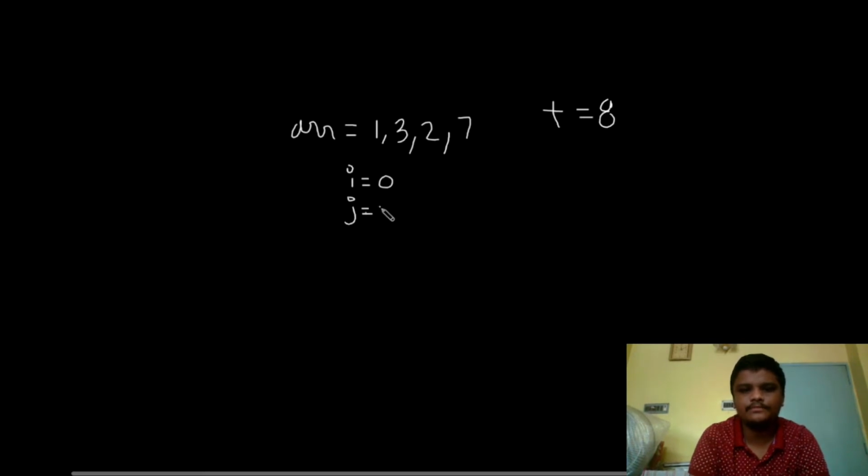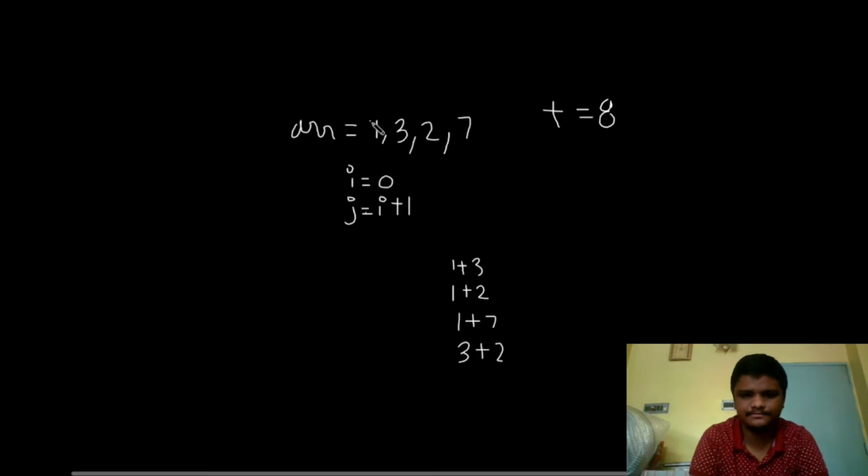At first we will check whether 1 plus 3 is equal to the target element or not. Then we check 1 plus 2, then 1 plus 7, and then 3 plus 2, and like this it will go on.